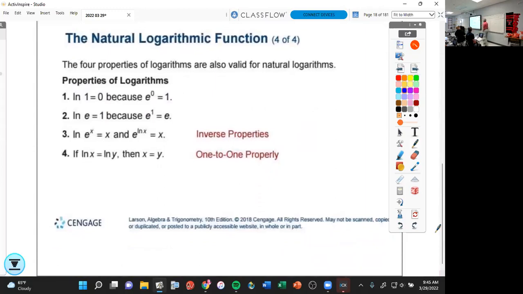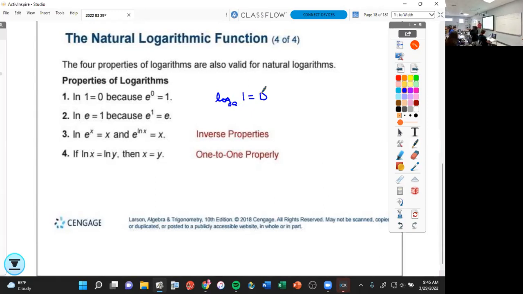Four: properties of logarithms valid for natural logs. These properties are the same. If you think about it, when you wrote them down a while ago, we wrote down log base a of 1 was 0, correct?